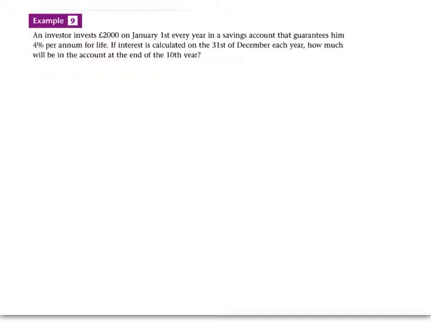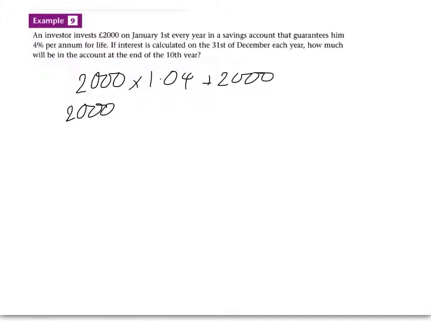So think about this. Year 1, he's got, at the end of year 1, the £2,000 he's paid in, which is multiplied by 1.04. After the second year, so at the start of the second year, he's got that plus £2,000. So that's start of year 2. The next year, he's got 2,000 times 1.04 squared plus 2,000 times 1.04 plus 2,000.